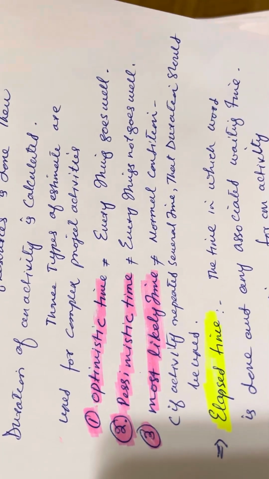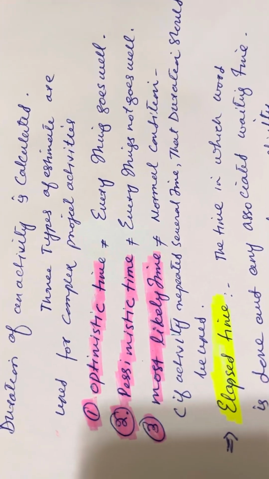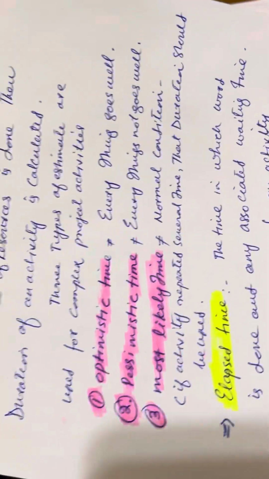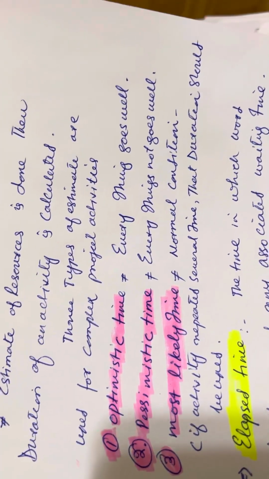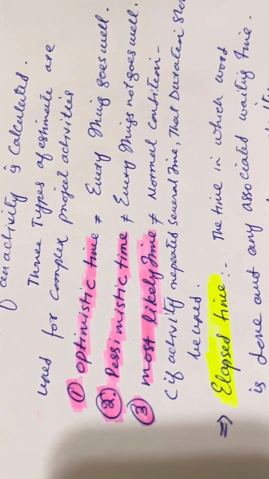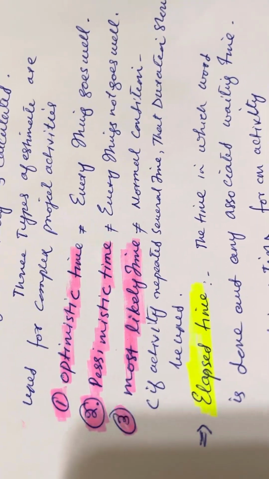So optimistic time you can calculate, where everything goes well. That's optimism. It works as a vision, as a leader. Everybody has to think that everything goes well. But practically, I did many mining and construction projects, and it's not like what we see.